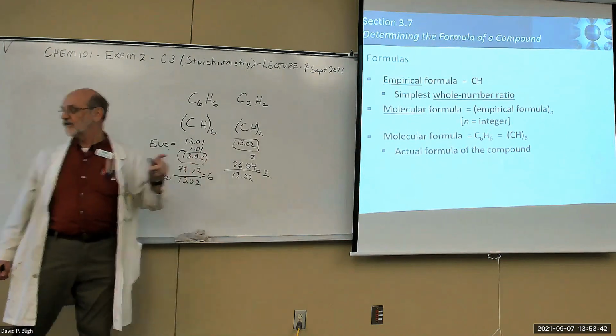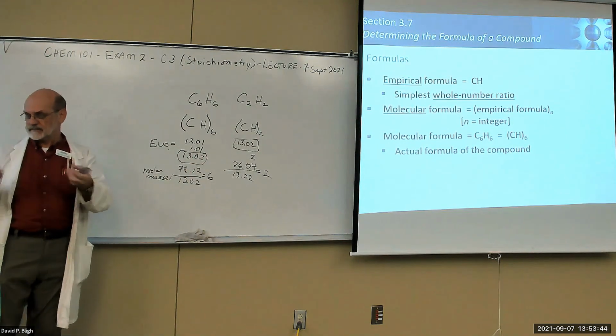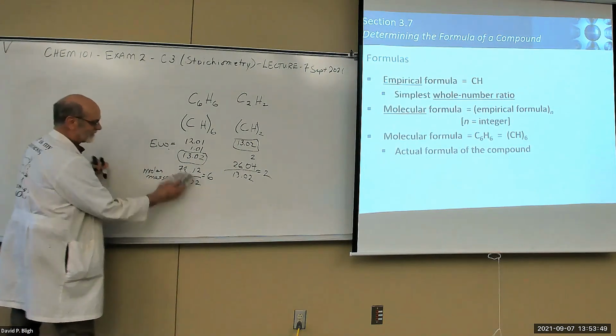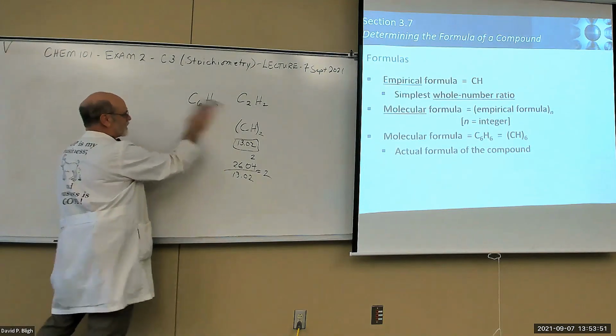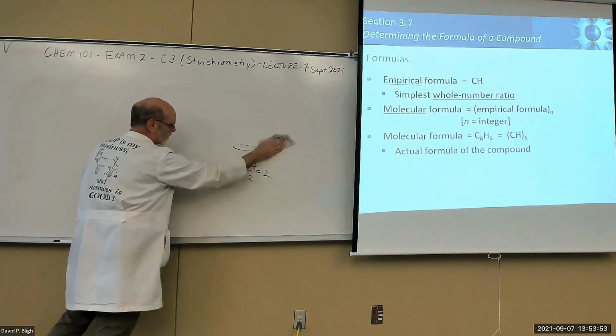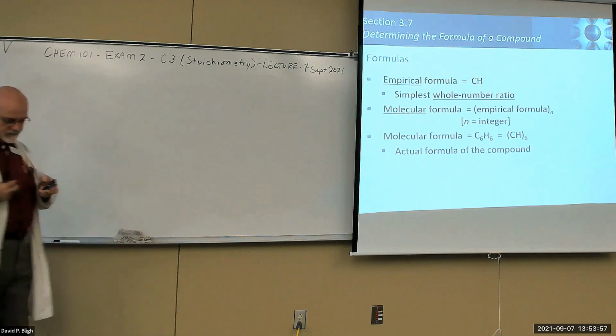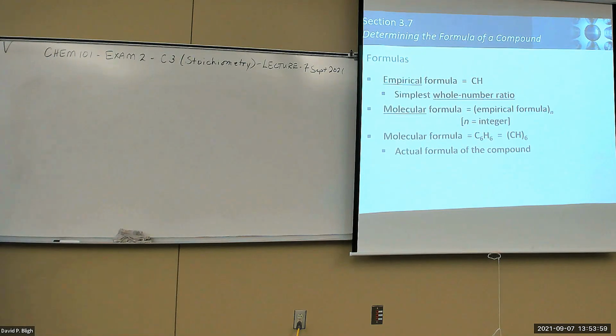That's where I'm headed with this problem solution. So let me show you what you have to do to get there. You don't have to do it this way, but I've tried several ways, and this seems to be the best.